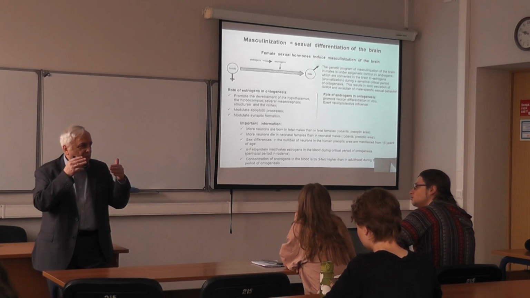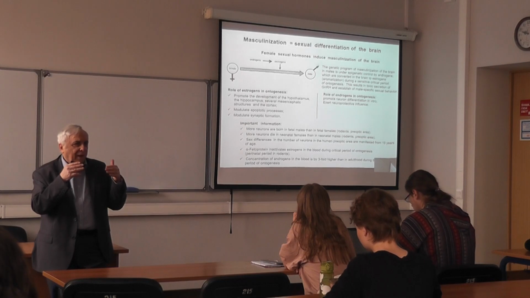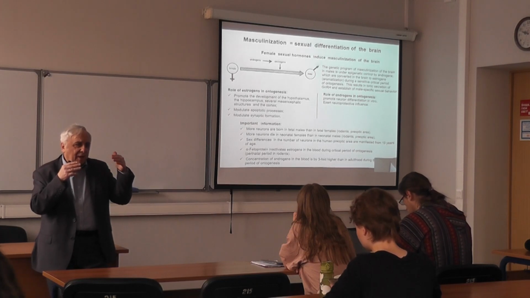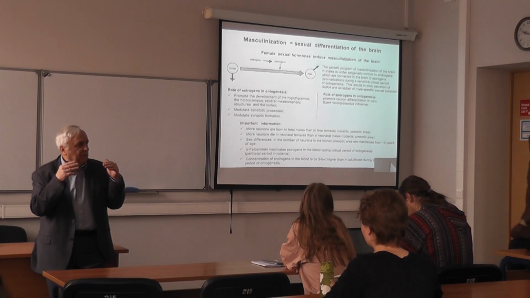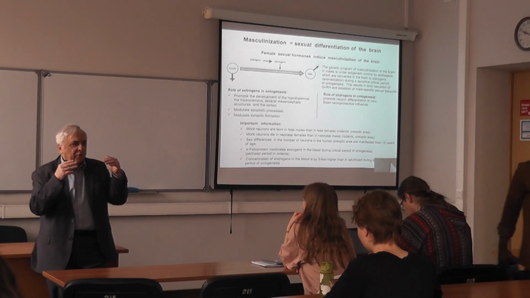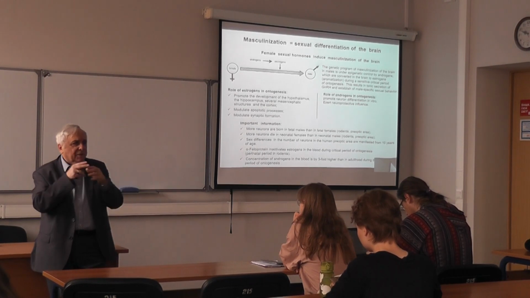Well, so in males, there is a secretion of testosterone into the bloodstream. This is the sexual hormone of males. And testosterone is capable of entering the brain. But in the brain, it is converted by an enzyme which is called aromatase. It is converted to estrogens. I repeat once again.